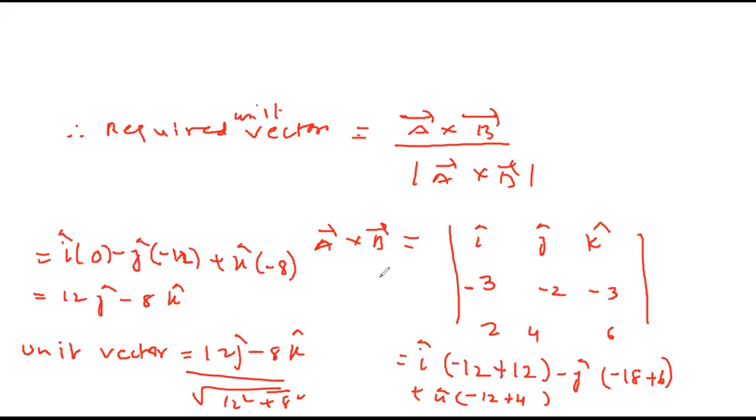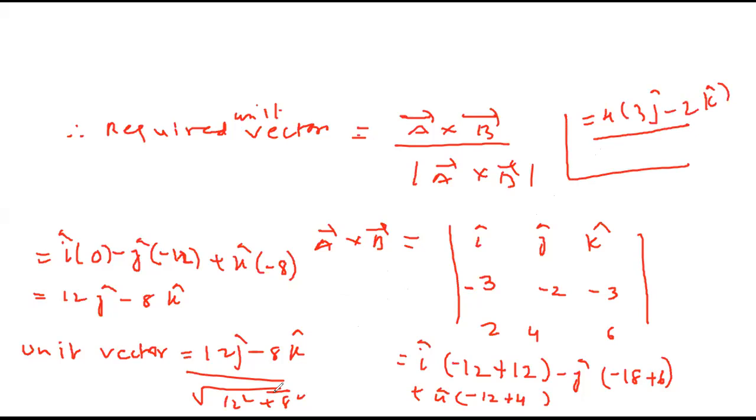Minus 3, minus 2, minus 3, 2, 4, 6. If you take 4 common, 3j minus 2k cap upon root of 144 plus 64.